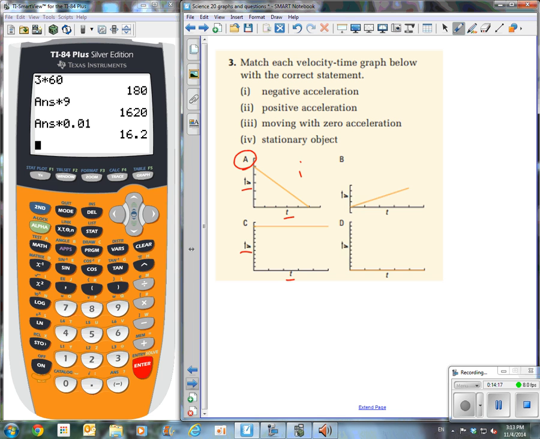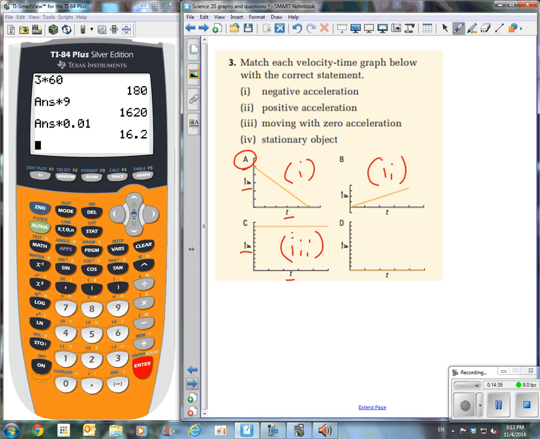So that's A. The next one is positive acceleration, which would mean that the velocity is increasing, and that's B. Moving with zero acceleration means that I'm traveling at a constant velocity, and that is C.